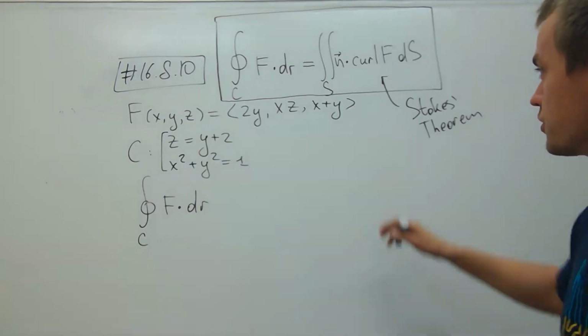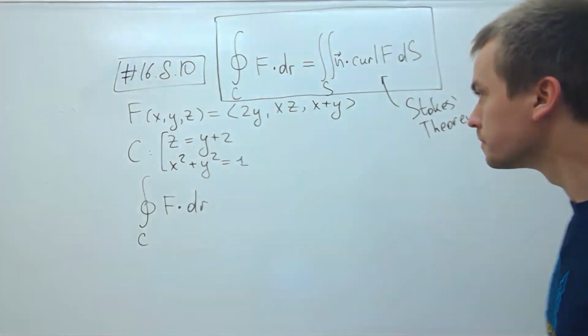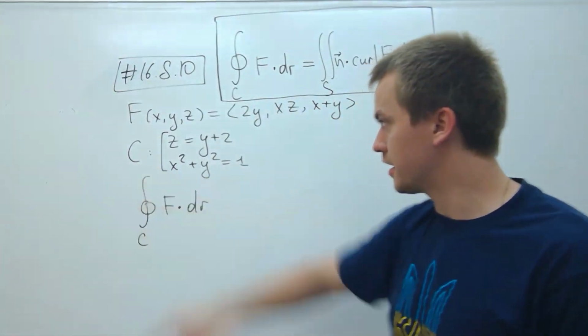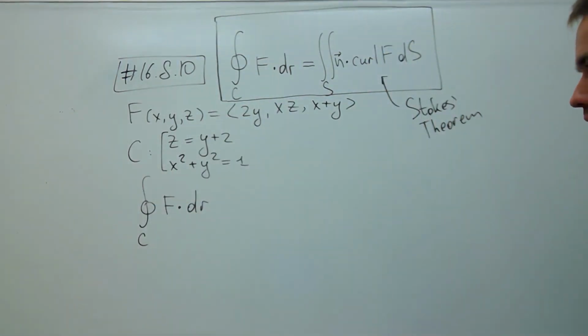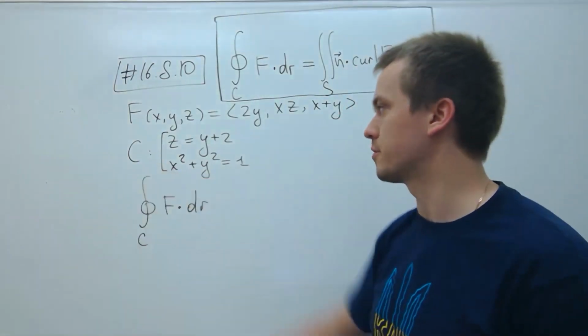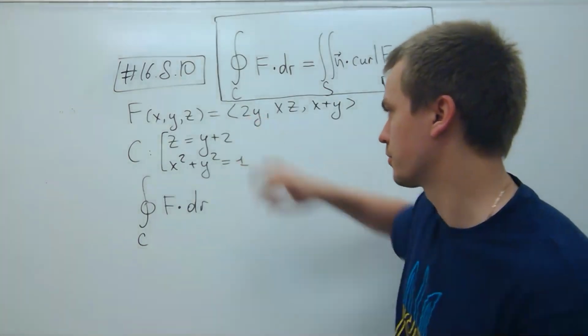So for the first part, let's compute the integral on the left-hand side. For the first step, this C is not given as an equation or as a parameterization, so we need to find the parameterization based on these two equations.